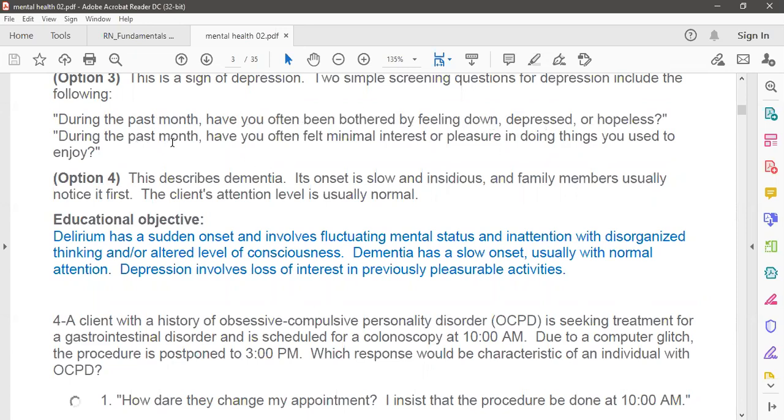Or during the past month, have you often felt minimal interest or pleasure in doing things you used to enjoy? You ask the question, it's called a leading question, and you can easily exclude other medical problems.